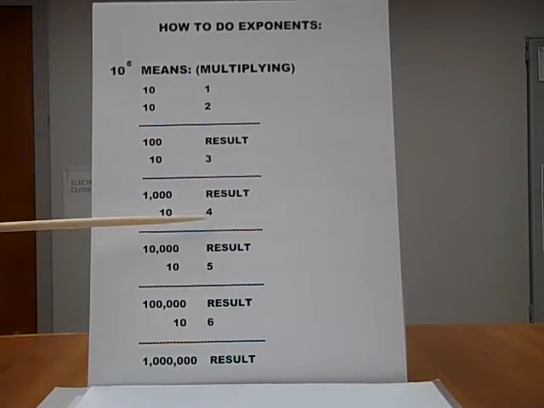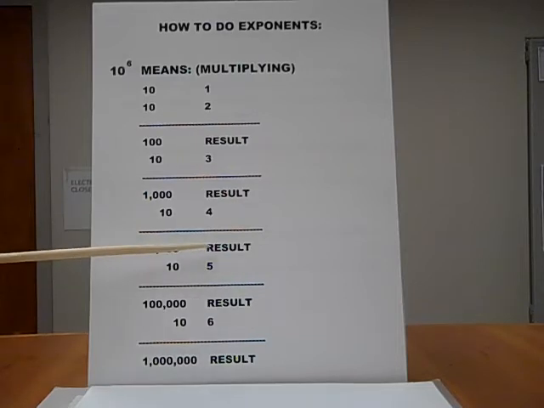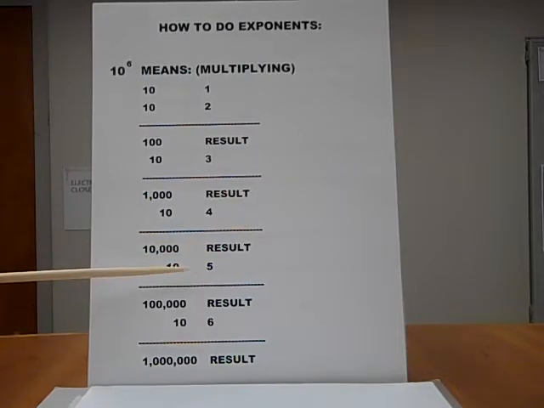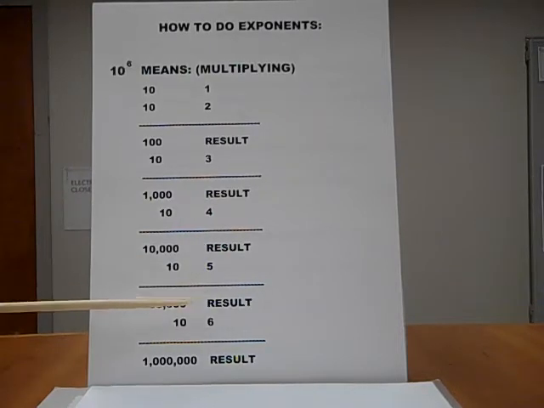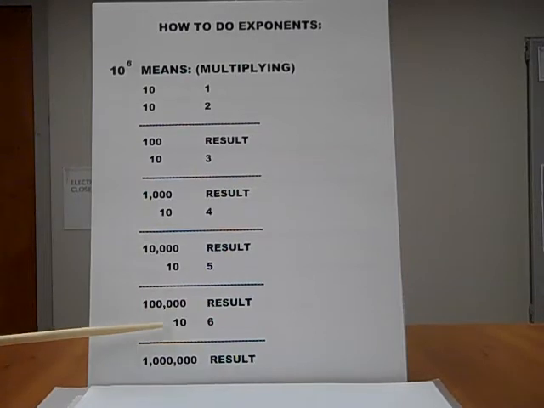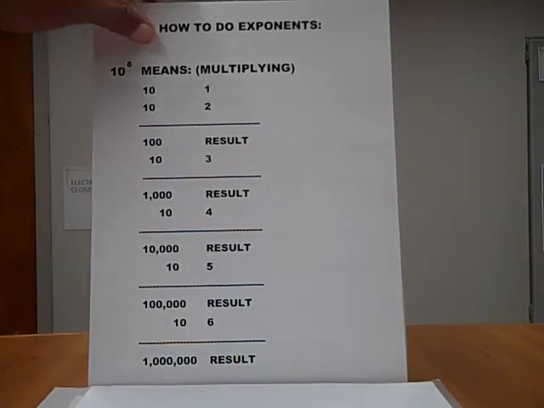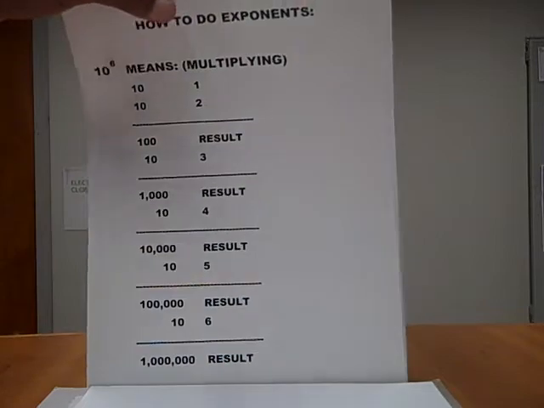The result multiplied by the fourth 10, that's 10,000. Multiplied by the fifth 10, that's 100,000. Multiplied by the sixth 10, that's 1 million, which is the result. 10 to the 6th power is equal to 1 million. That's how you do all exponents.